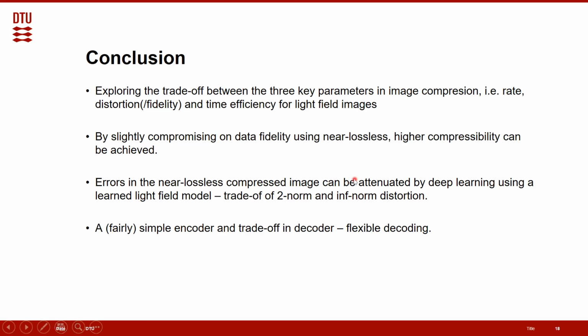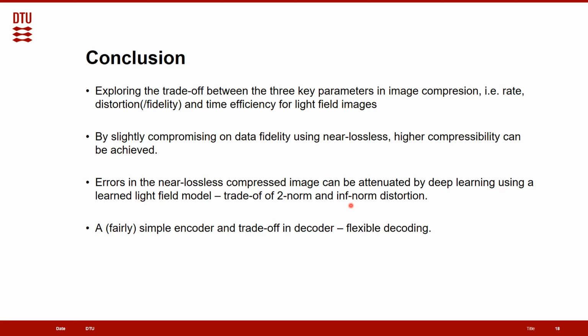And that's what we have in this bullet, that the deep learning can attenuate the errors, reduce them. And which we didn't do so much here, but you could also proceed and more flexibly have a trade-off between the 2-norm PSNR distortion and the infinity-norm max distortion.